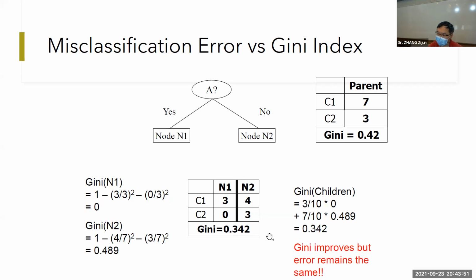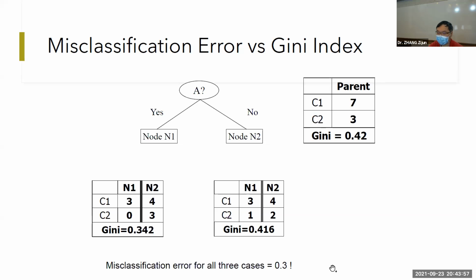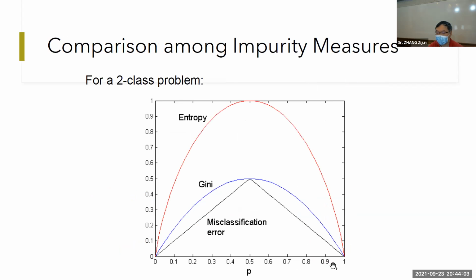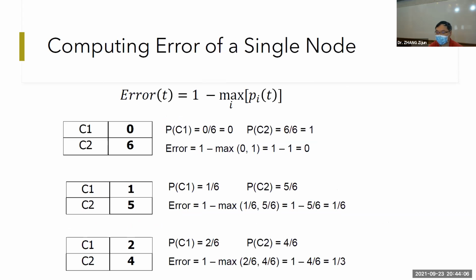So the Gini actually improves, but the error remains the same. With the previous, did I show the error?